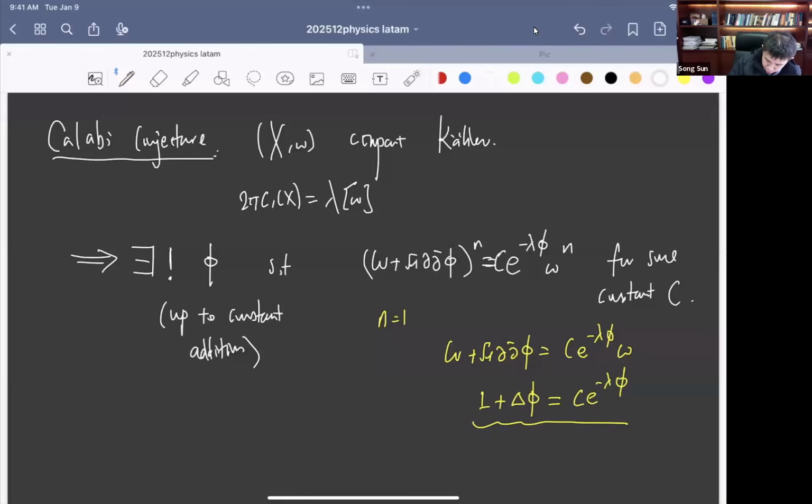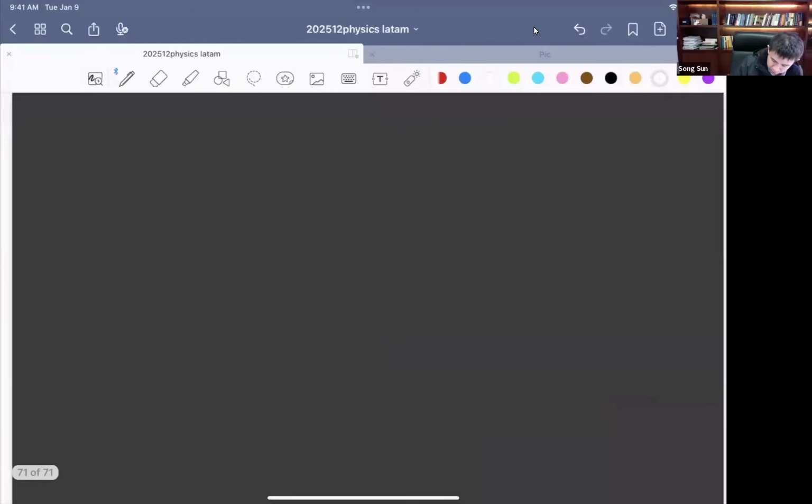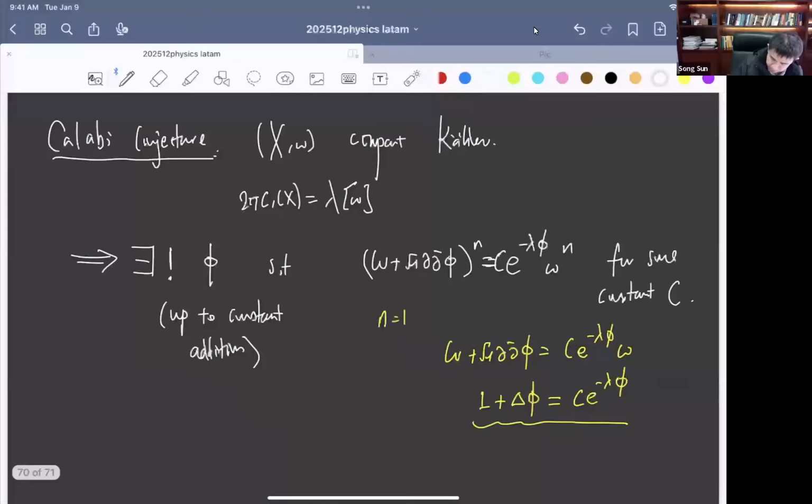Anyway, so now this is the Calabi conjecture. I think it's completely understood. Literally it's not always true. It depends on this lambda, which is related to the first Chern class.